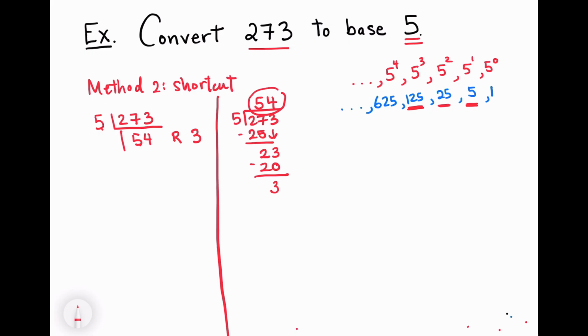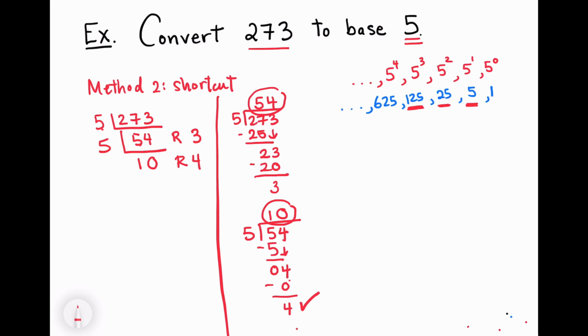Let's divide 5 into 54. 5 goes into 5 once. I subtract and bring down. How many times does 5 go into 4? 0 times. 5 times 0 is 0. I subtract. There's nothing to bring down. So I'm going to repeat what I did, and write the quotient down together with the remainder.